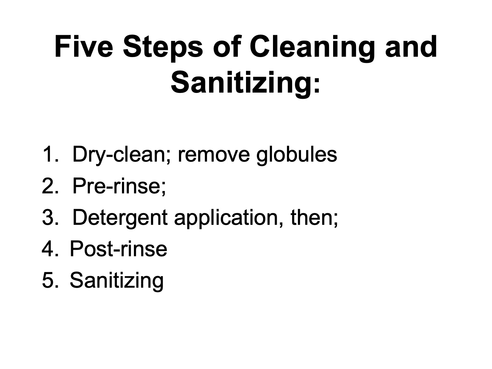So we're talking condition and cleanliness, so I think we better talk about cleaning. How do you clean? Well, there's basically a 5-step process to it. First, you want to remove the globules, a dry cleaning in essence, scraping, removing things. Then there'd be an element of pre-rinsing, right? Again, still removing soils as much as possible there.